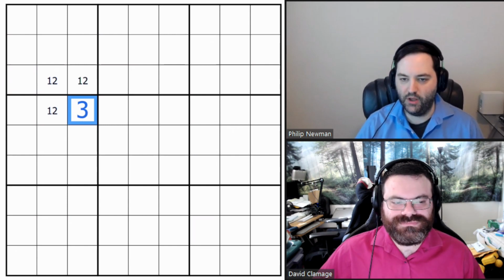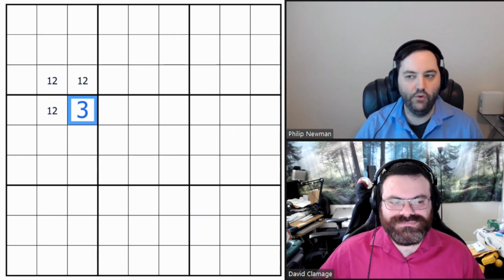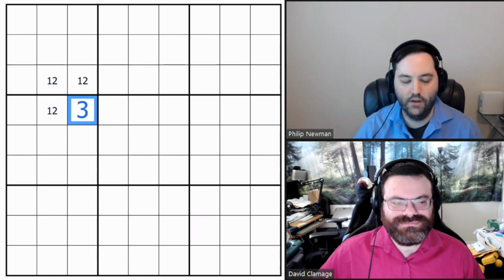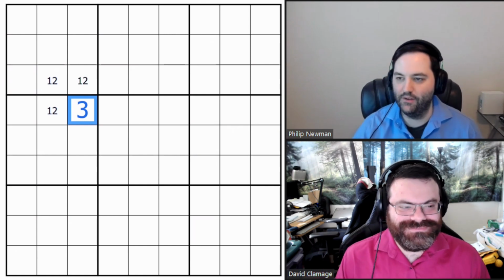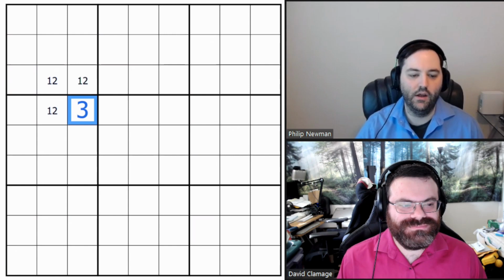But again, this only applies if you know that the solution is unique. If you don't know that it's unique, say you're solving this from some publication that you don't trust, I will not name any names. I don't really know any names. I don't really solve puzzles outside of the community of people that I trust to make puzzles.